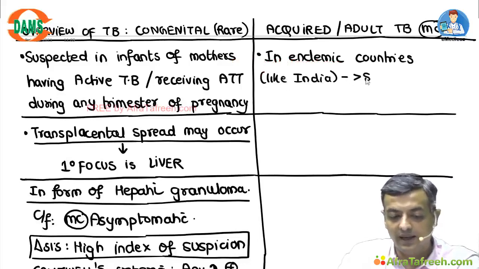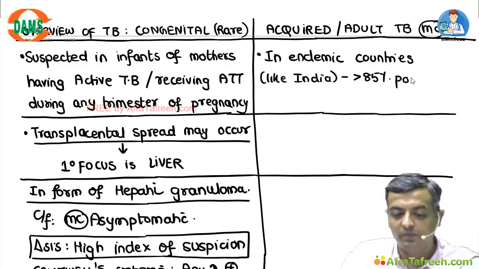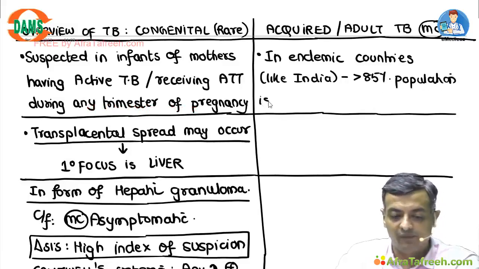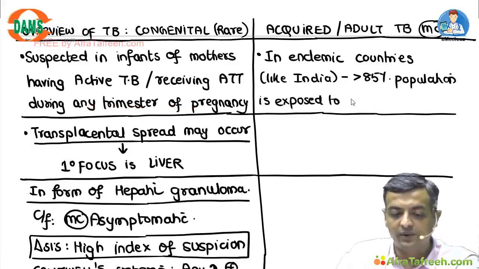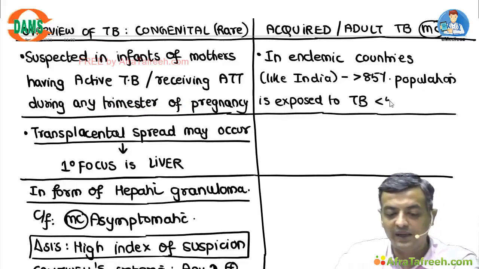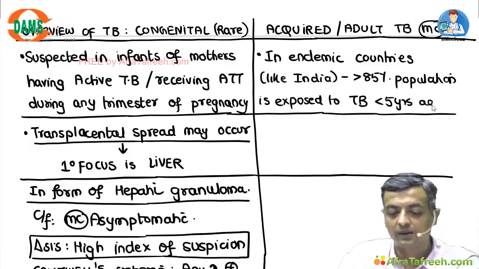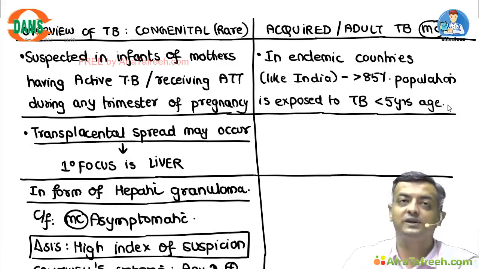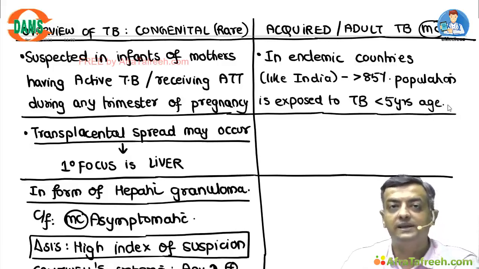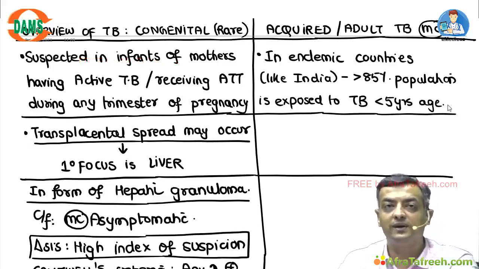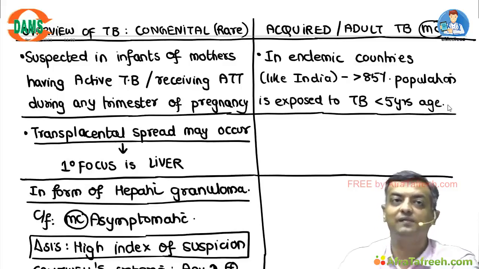More than 85% of the population is exposed to TB before 5 years of age.